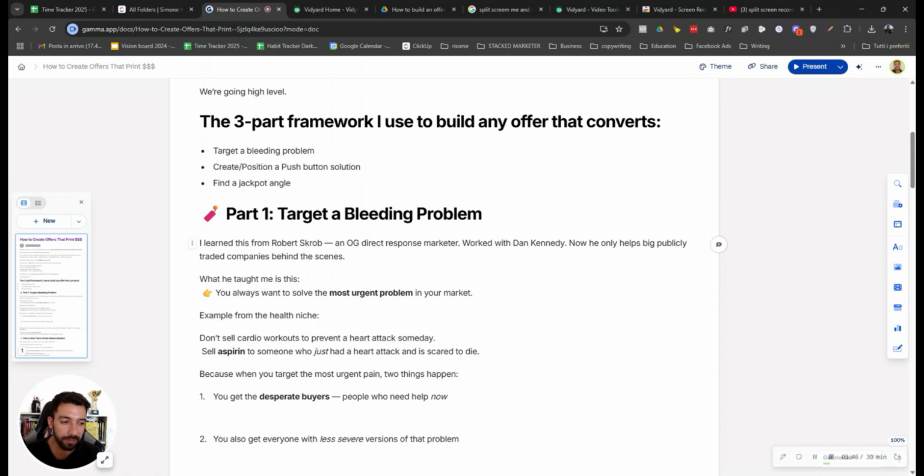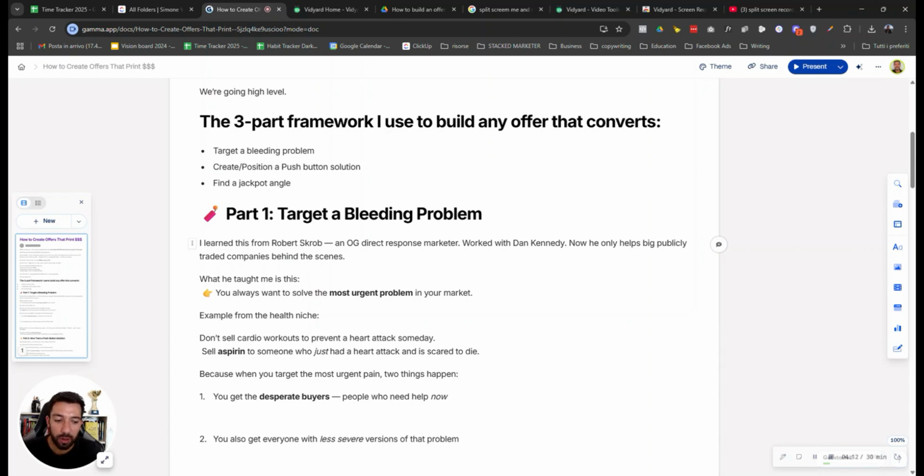So if you're targeting the heart health niche, you can either sell a cardio workout to keep your heart in good health, or you can sell cardio aspirin, and the cardio aspirin is going to sell much more.